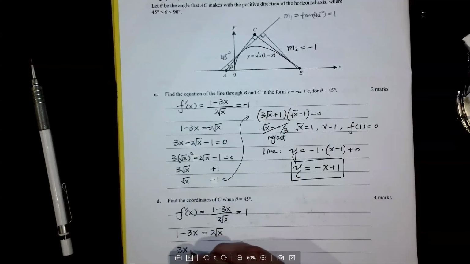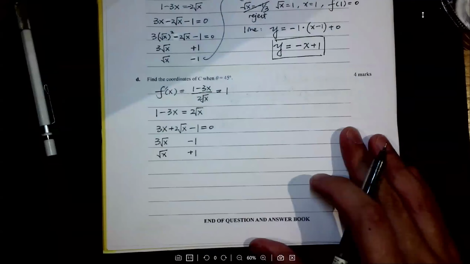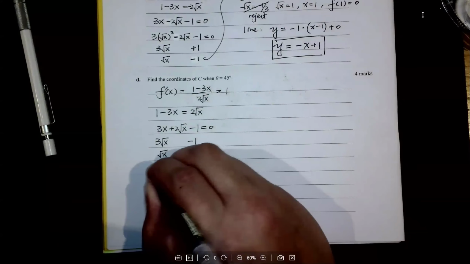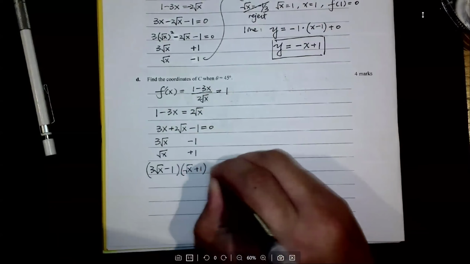So I should have 3x plus 2 root x minus 1 equal to 0, and a 3 root x, a root x. This time I'm going to use minus 1 and a plus 1 as the factorization combinations, okay? And then I should be able to get (3 root x minus 1)(root x plus 1) equals to 0.